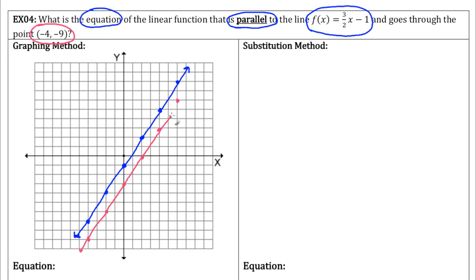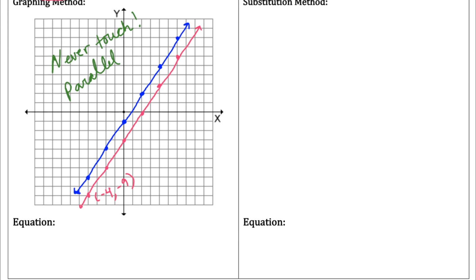You can see that they never touch. They never touch. They are parallel. So I will actually label this -4, -9. And so we need to write the equation of this line.